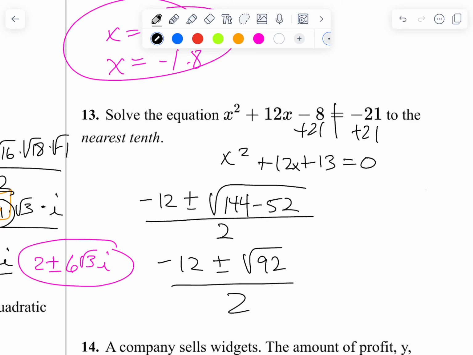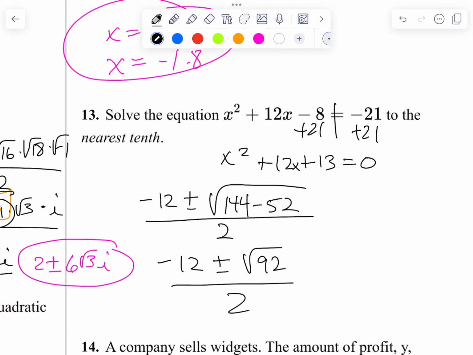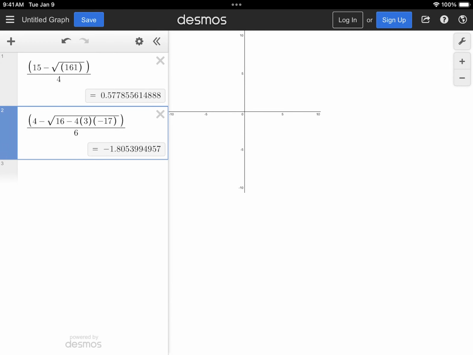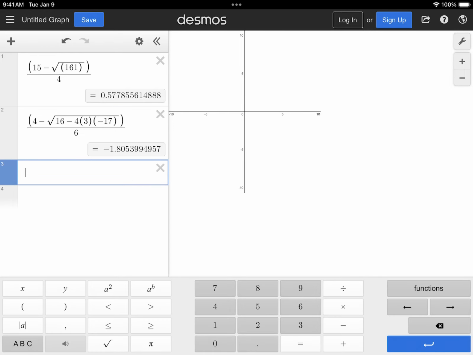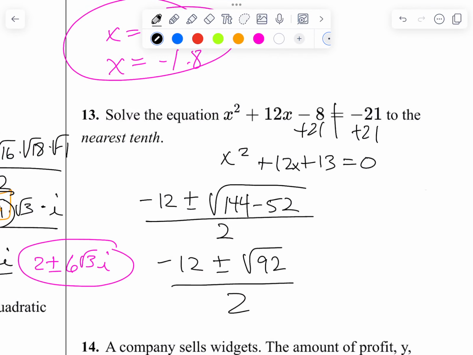Yeah, my answers, I'm just going to plug it in. So here we go. We got parentheses negative 12 plus square root of 92. And then we'll bump over, close up that parenthesis, divided by 2.